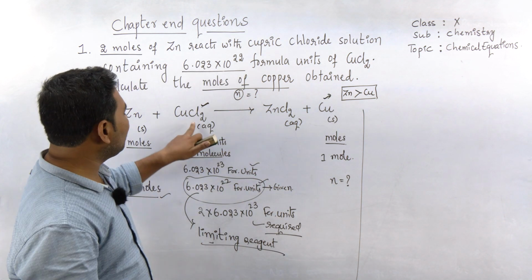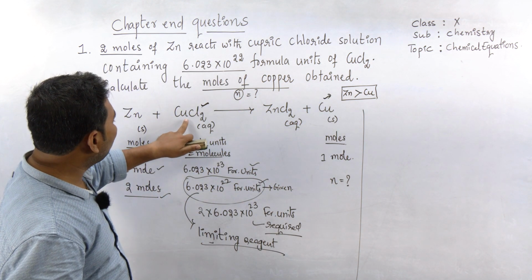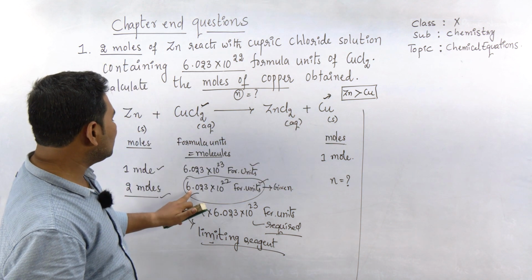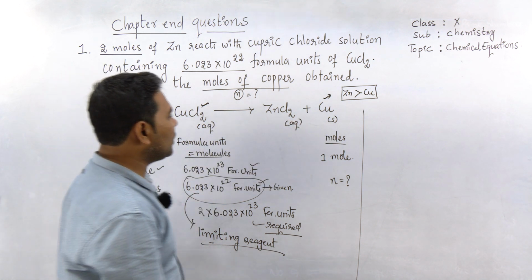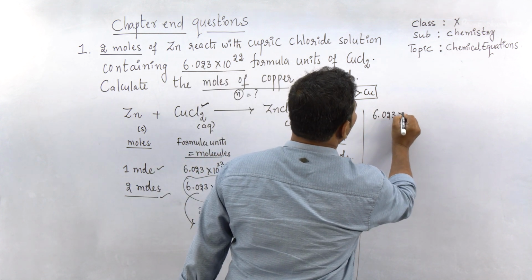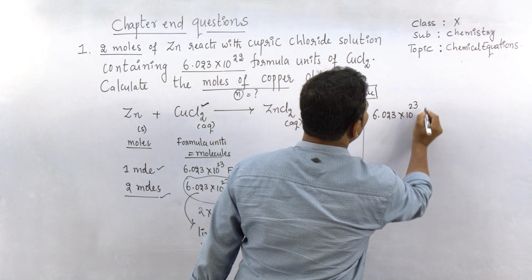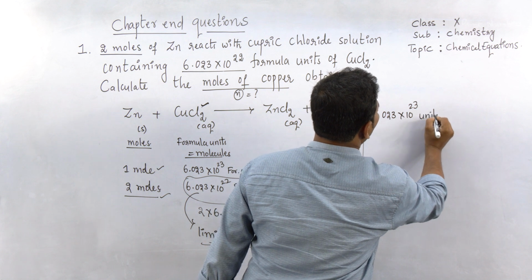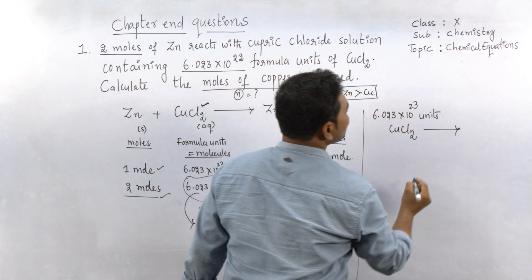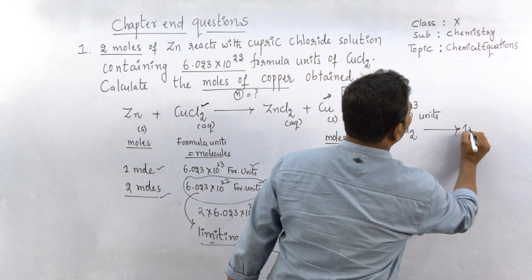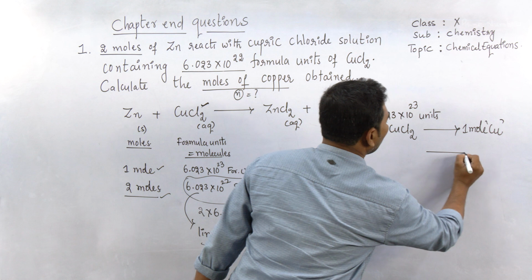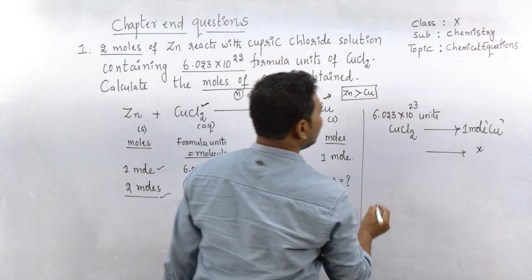From the balanced chemical equation, 1 mole cupric chloride produces 1 mole copper, which means 6.023 × 10^23 units of cupric chloride, CuCl2, produce 1 mole copper. Then how many moles of copper is obtained?